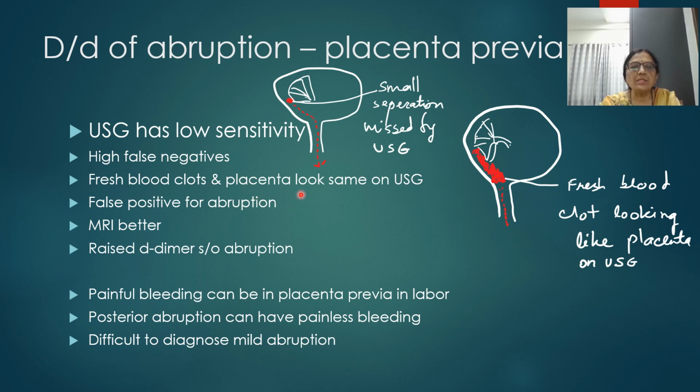Fresh blood clots and placenta look the same on ultrasonography. False positives can also be there for abruption: even if there is no abruption, sometimes it can be labeled as a case of abruption, though it is a case of placenta previa.